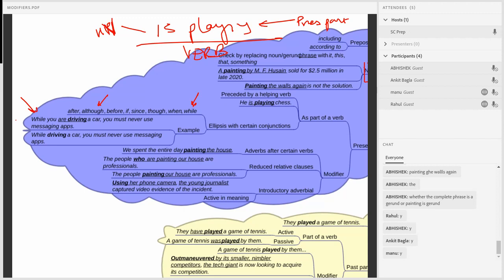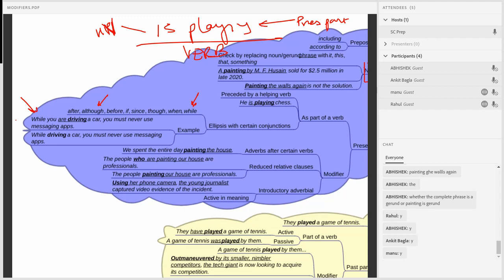After the subordinating conjunction, you have a subject and verb, you are driving, but you don't need to have the subject plus verb over there. You can just have the participle. So you can say, while driving a car, you must never use messaging apps. So this is also absolutely okay. This sort of ellipsis is absolutely fine. So you can understand away the subject and verb, and you can just say the sentence without the subject and verb in the dependent clause.